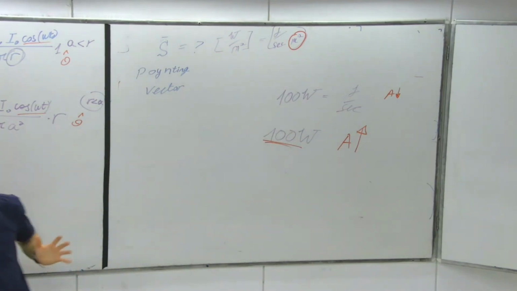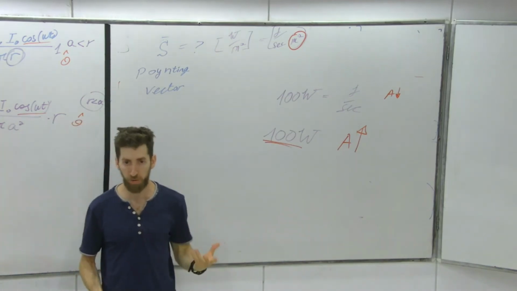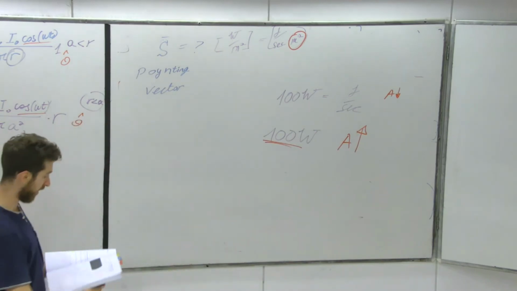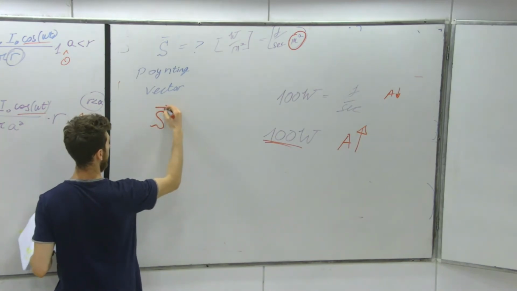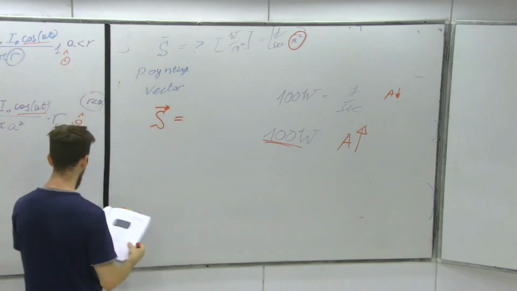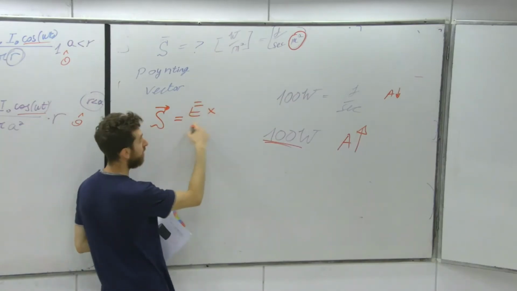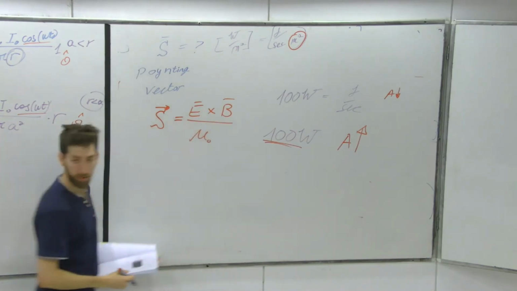So what is the formula of electromagnetic dissipation of energy? Okay, what is the pointing vector? So the formula goes like this. It's this vector, S, and it's equal to the cross product between the electric field and the magnetic field, divided by mu 0.